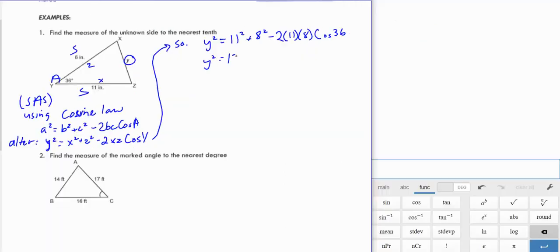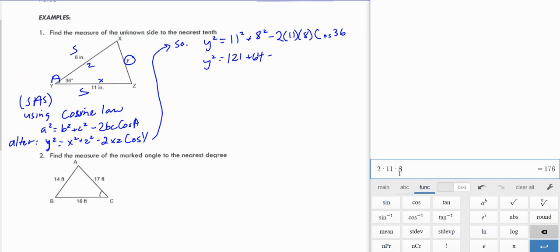I'll show you how we can punch this in, but let's go step by step and show the traditional method of doing things. If I go 2 times 11 times 8, so 2 times 11 times 8 is 176. So this part of it at least is 176 cos 36.